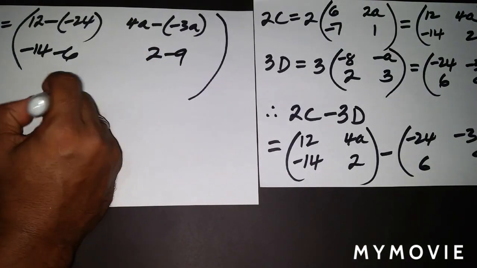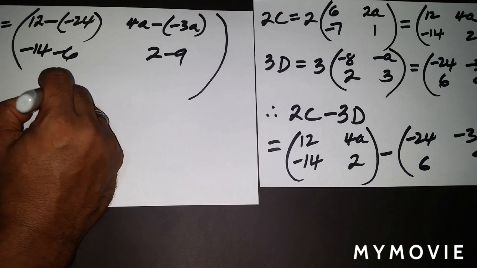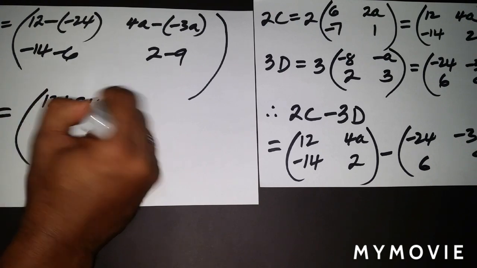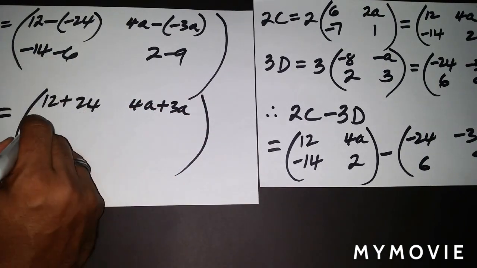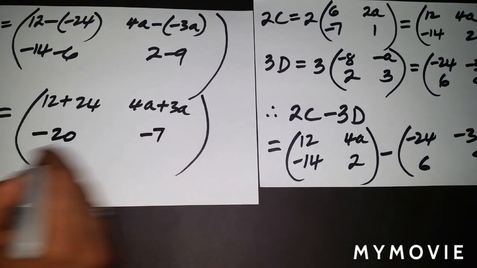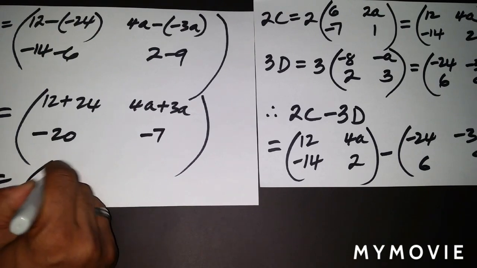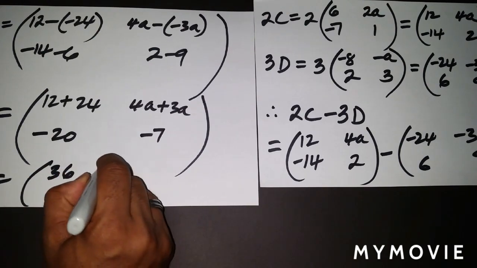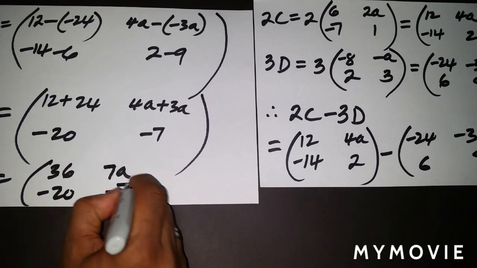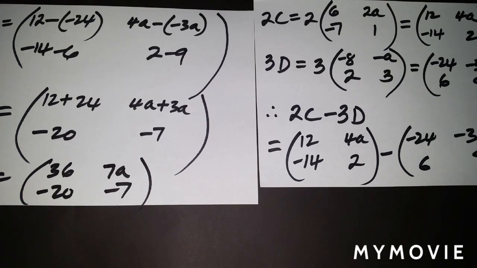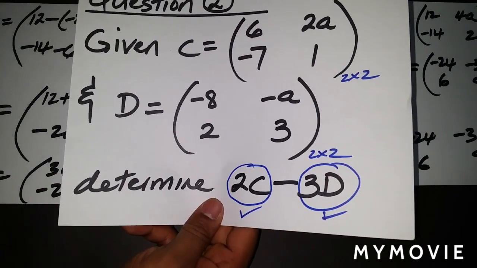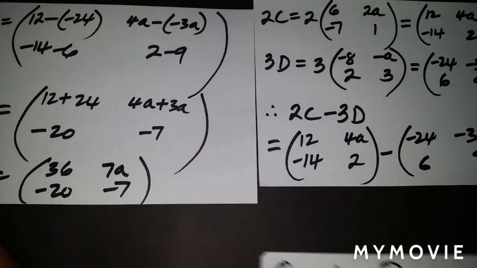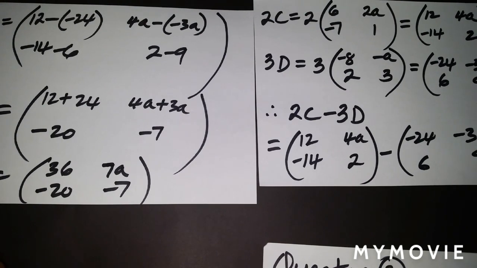So what we'll have here is 12 plus 24, 4a plus 3a, minus 20, minus 7 for a final answer of 36, 7a, minus 20, and minus 7. So that would be the final answer to this original problem, where we're asked to find 2c minus 3d. Our final answer would in fact be this.